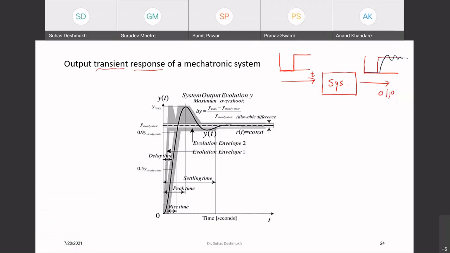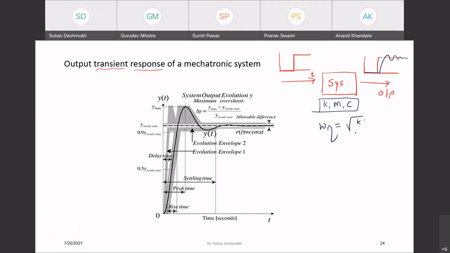But it happens because each and every system has its stiffness, has its mass, and has damping. In the mechanical domain, if I look at the same thing in electrical, there will be resistance, inductance, and many other things. And it has its own natural frequencies.